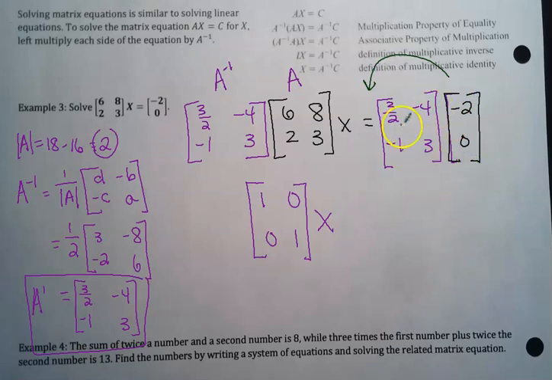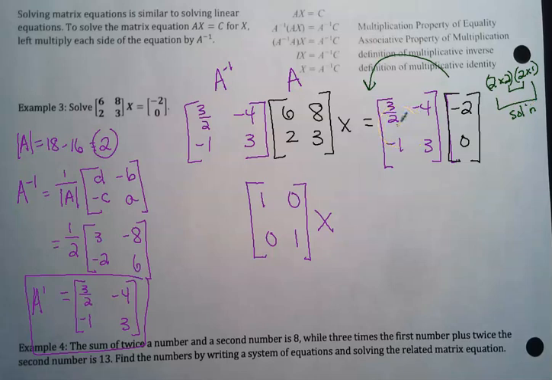I have a 2 by 2 matrix that I'm multiplying by a 2 by 1. So yes, I can multiply now because my 2's are internal, and my solution is going to be a 2 by 1 matrix. Notice that you multiply each side of the equation by your inverse, but your inverse needs to come first.